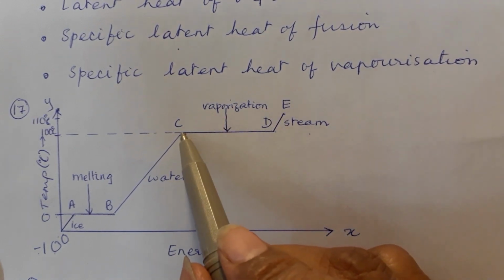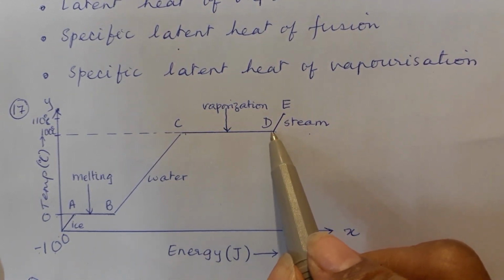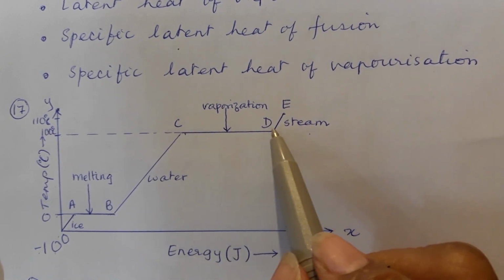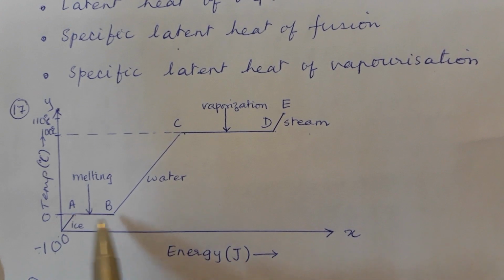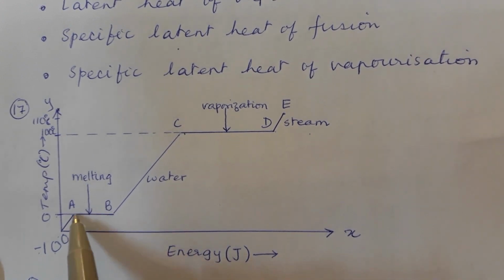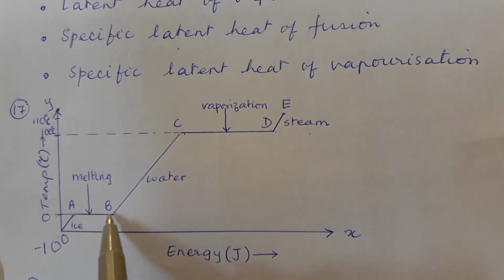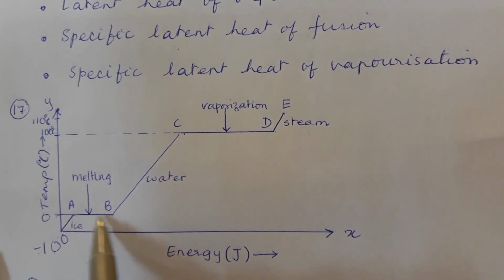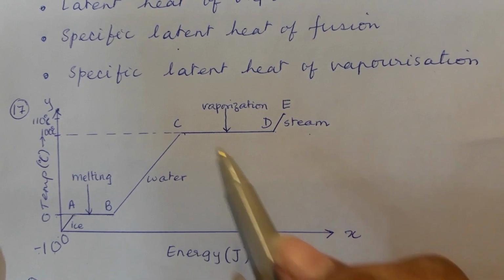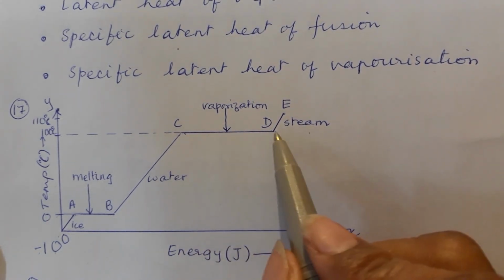And so the part of the graph CD, which is representing the latent heat of vaporization, is going to be much longer than the part where you see the latent heat of fusion of the solid, where the intermolecular bonds are only loosened. Here the bonds are loosened, here the bonds are broken off.